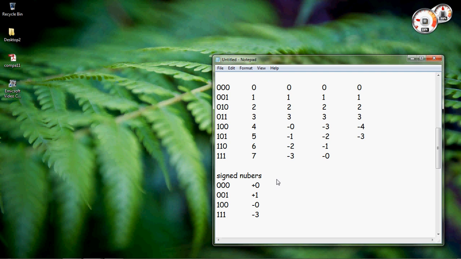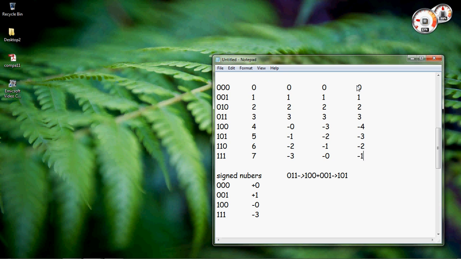You can do the calculation: the one's complement of 011 is 100, and if you add 001 to it, the value will become 101. So this is 3, and the 2's complement of 3 is this number 101. So this is -3. Similarly, this is -2 and this is -1.